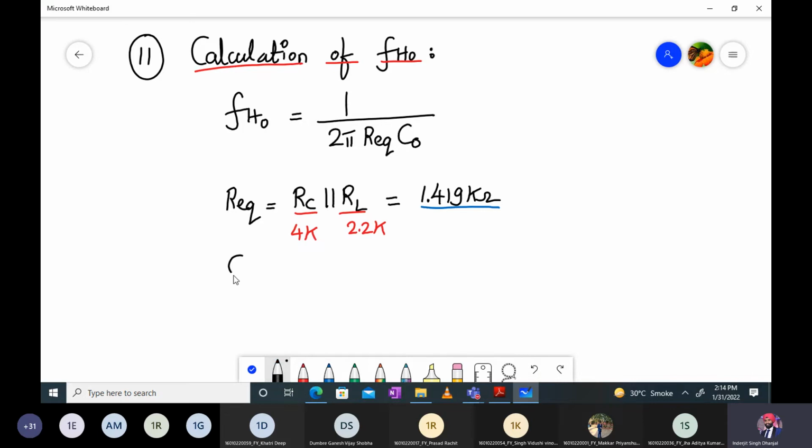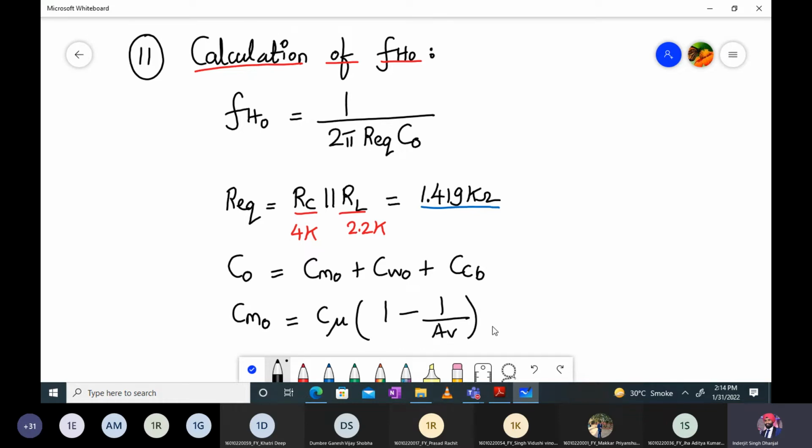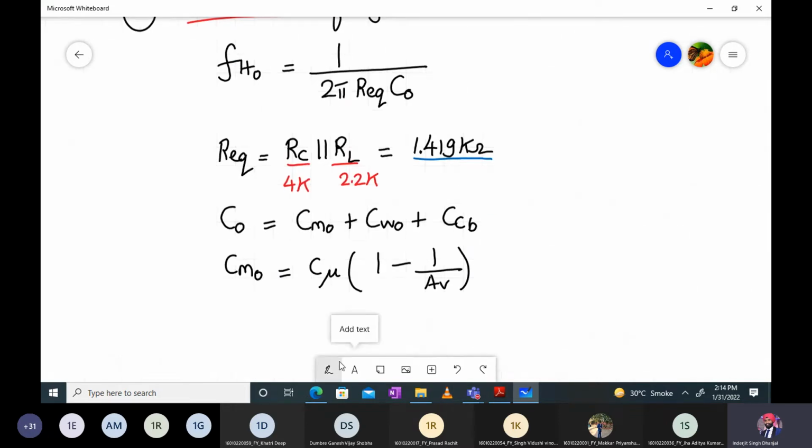Okay. Next we have to calculate CO. So CO was CMO plus CWO plus CCB. Here we have to calculate CMO, which is given by C mu into 1 minus 1 upon AV. And your CWO value is also given to you.